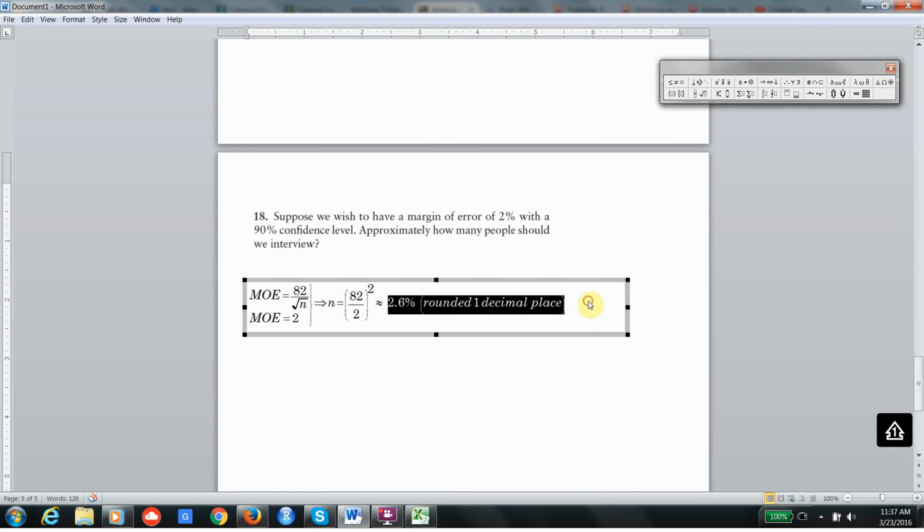And of course, we don't have to round off here. But it is possible, for example, if I had a margin of error of 2.3%, this would not have worked out to a nice number. Then we always round up. That's the conservative way of doing this. So basically, we need to interview or take a poll of 1,681 people to get this margin of error.